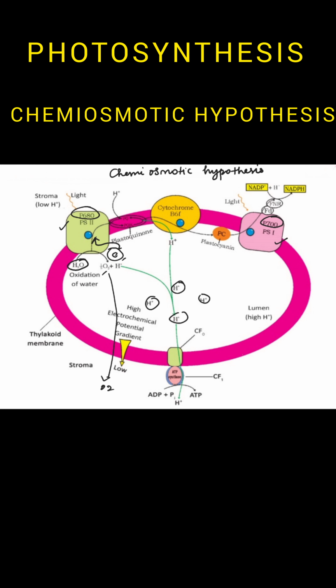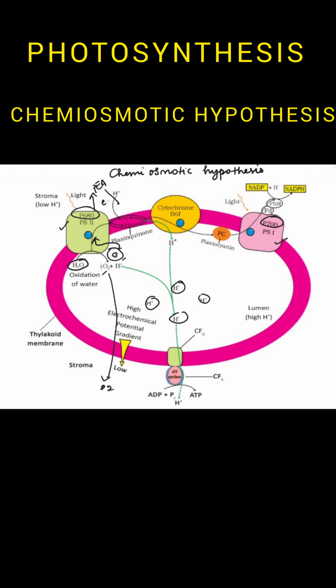This is the non-cyclic photophosphorylation, which links with the chemiosmotic hypothesis. In photosystem 2, the electrons get excited and are accepted by the primary electron acceptor, that is pheophytin.